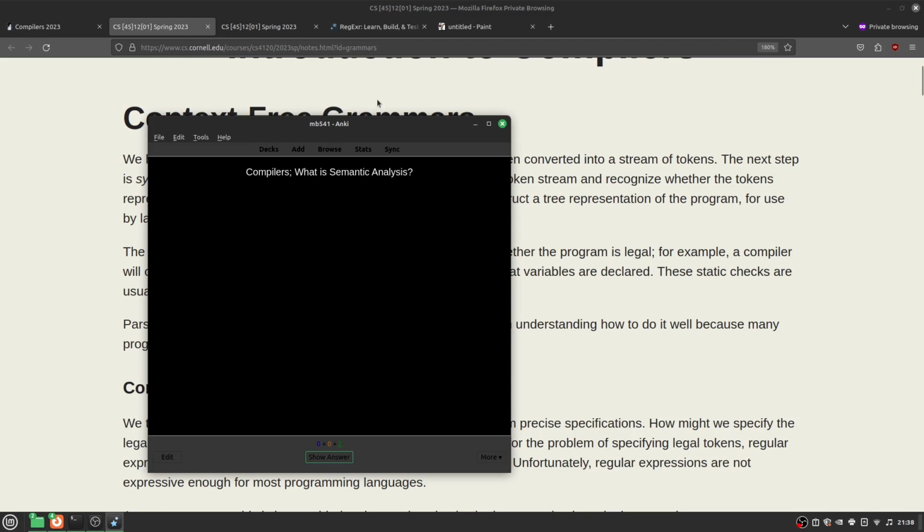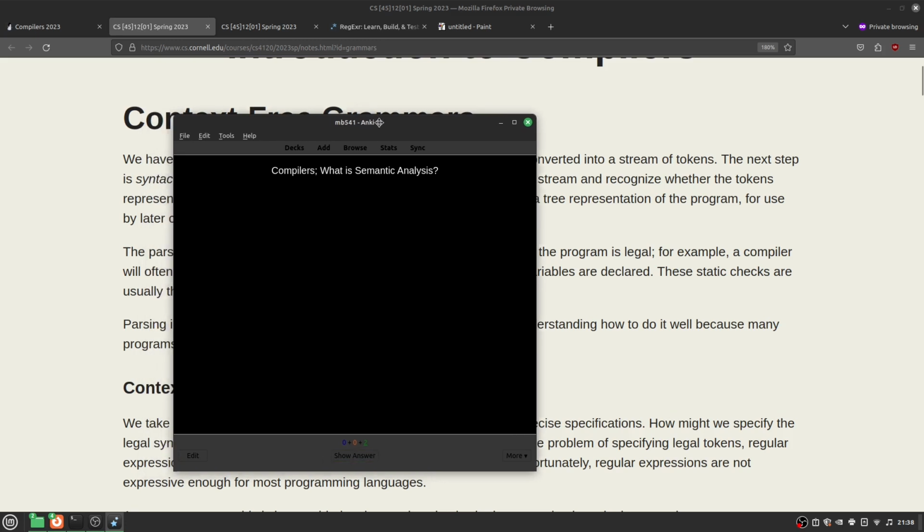Good. What is semantic analysis? It's the third step in compiling where you take an abstract syntax tree and you do type checking on it and you check for semantic correctness. Make sure it's a valid program, essentially.